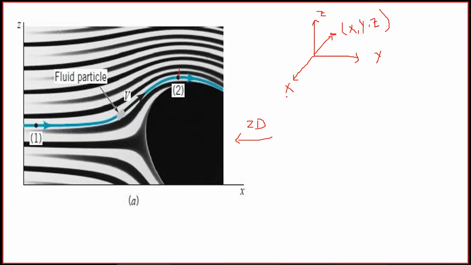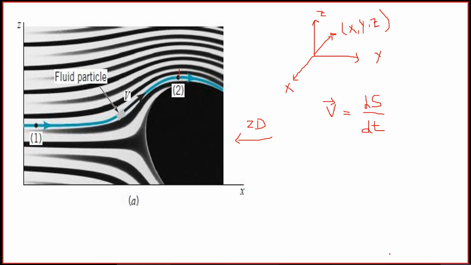And we all know that velocity is change in position ds with respect to time. So this path, the blue line on your screen, is the path followed by this fluid particle and is defined by the velocity vector.